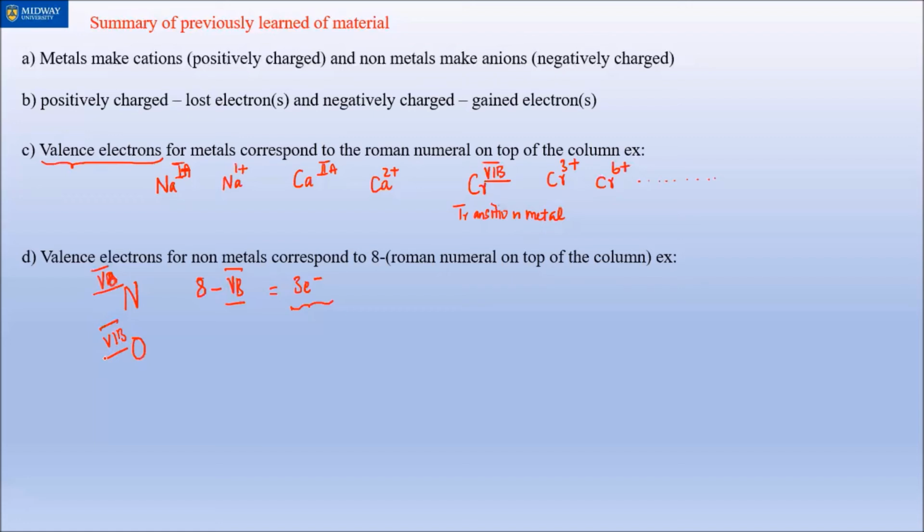Yes, it's got 6 already, but it will need 2 more, that is 8 minus 6 is 2. So that's how many electrons it would need from the element it's pairing up with. We're going to learn that in great detail in the next video when we learn writing formulas for ionic compounds.